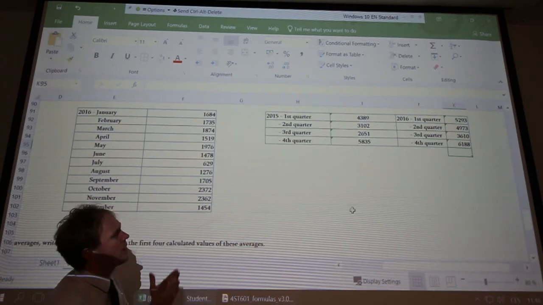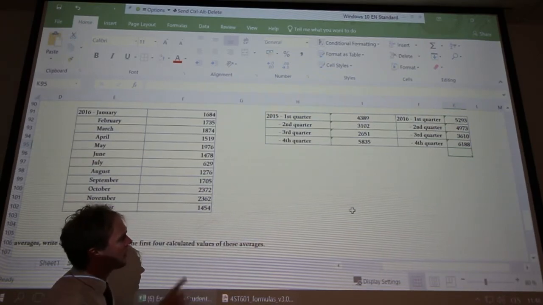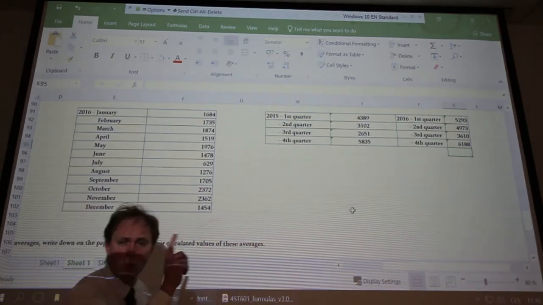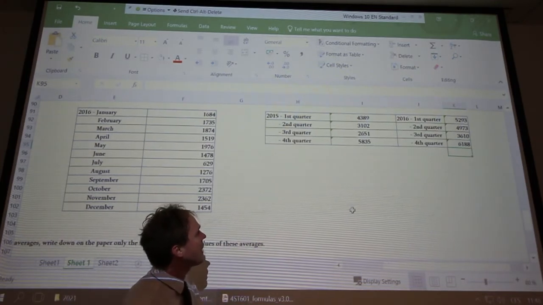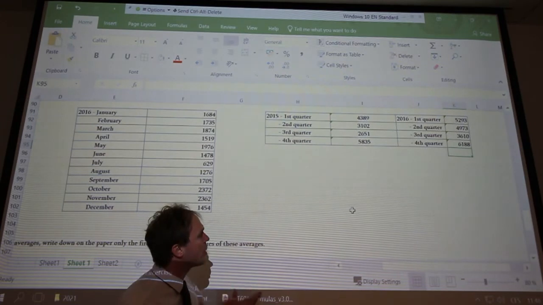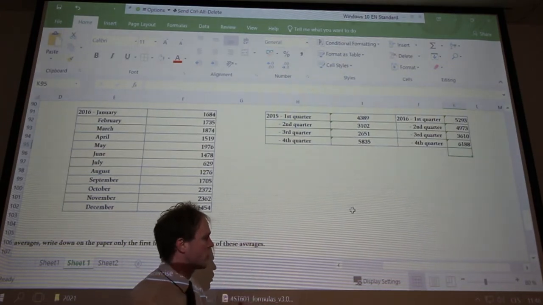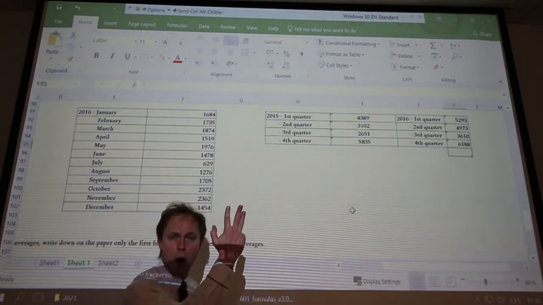Now I will rewrite this table on the whiteboard and I will calculate the moving averages for you. Because this is a quarterly time series, I will use a moving average with length 4.